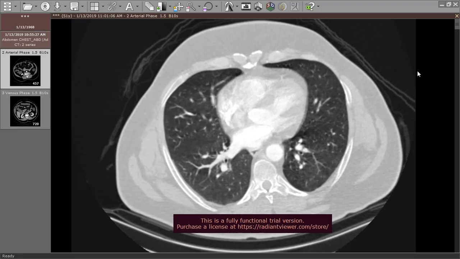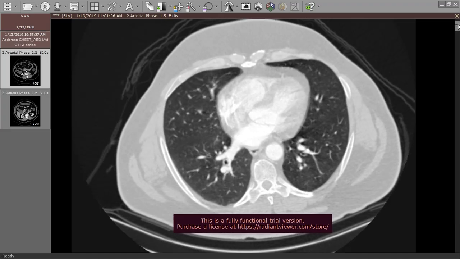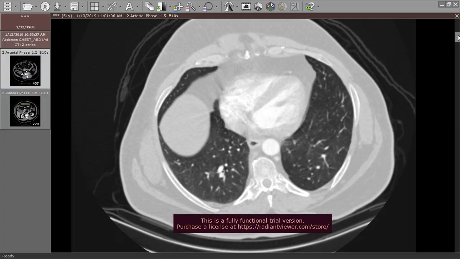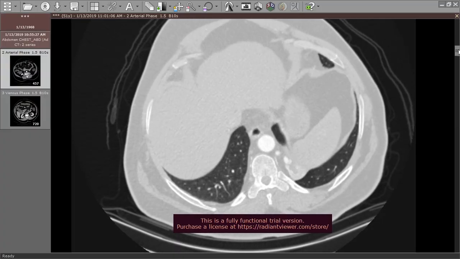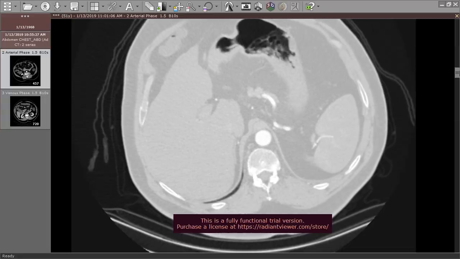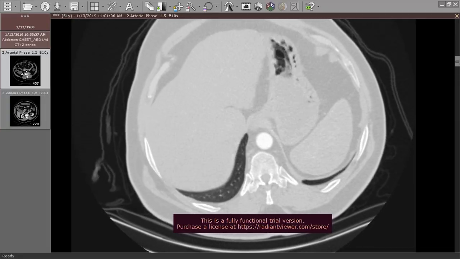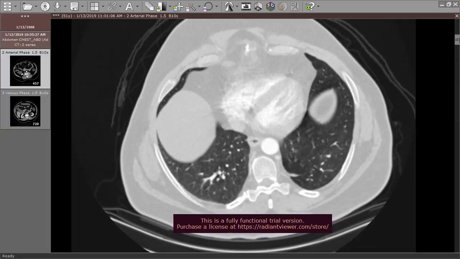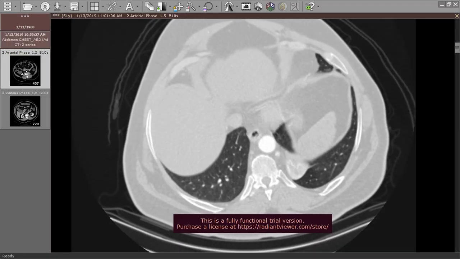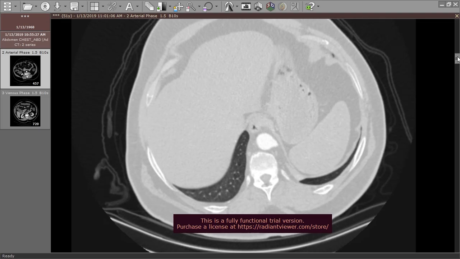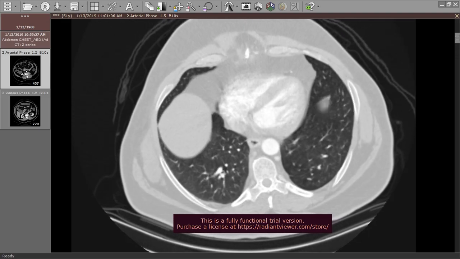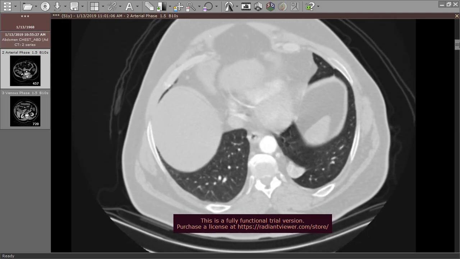Case number 3. This is an incidental lesion in the lower cuts of the chest in a CT abdomen. We have this structure, like a consolidation, but it lacks an air bronchogram.